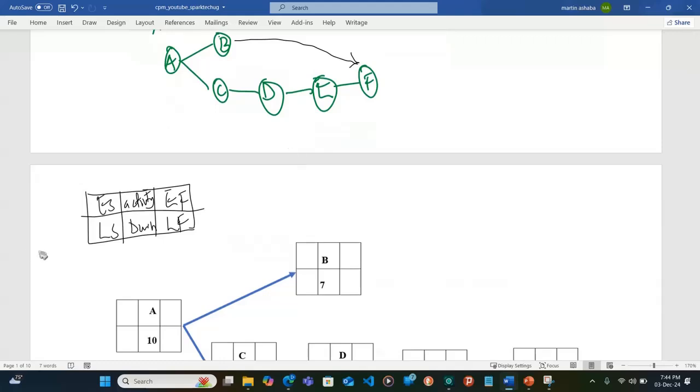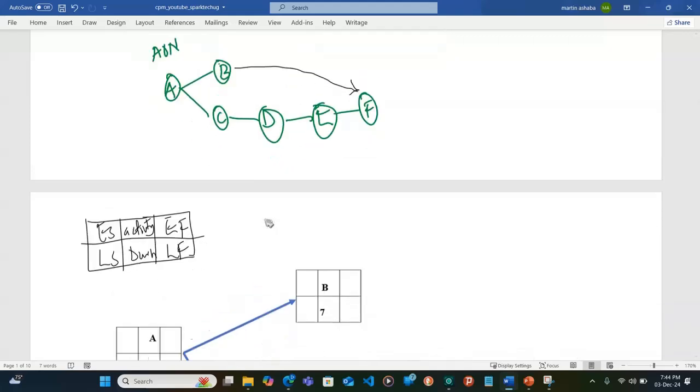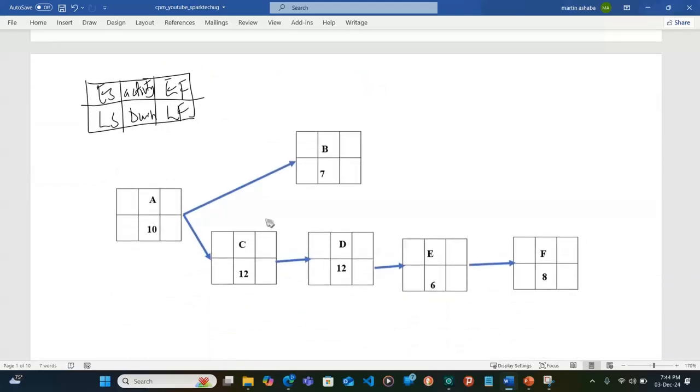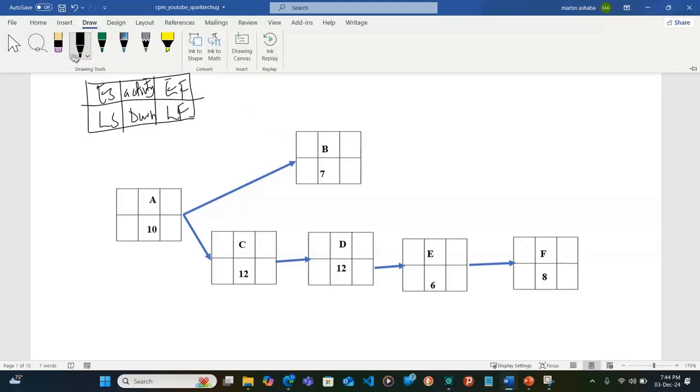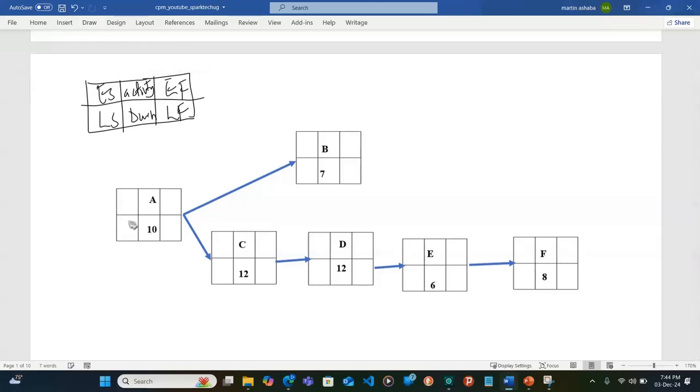This is the earliest start time. So the earliest time we can start without delaying the project. So without delaying the project, we know that A, since it is the start, this is the starting point, meaning that our starting time is going to be 0.